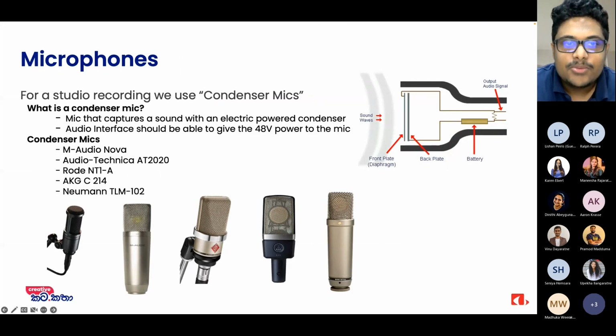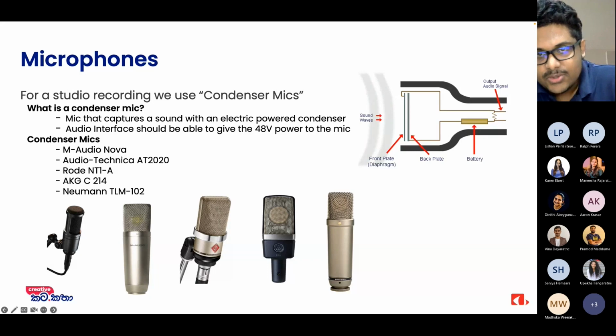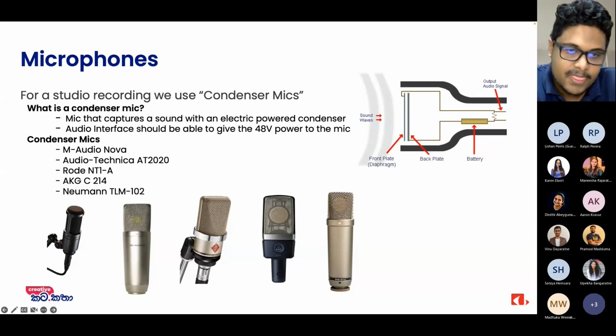So we have various microphones that we can use to record audio inside the studio room. The main thing is we cannot use the ordinary microphones that we can buy from anywhere, because we need to get every bit of detail that we need to record for our audio. So for the microphones, we will use condenser mics, because it has a condenser placed inside the microphone.